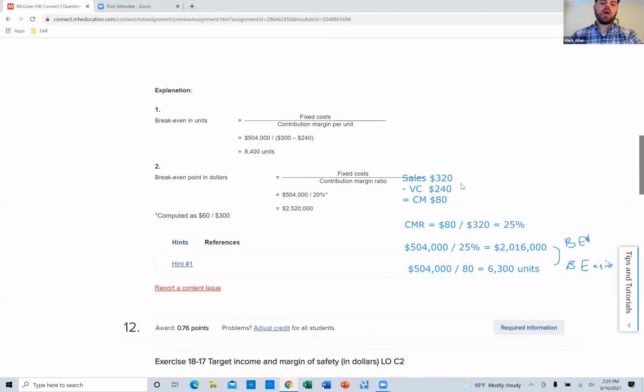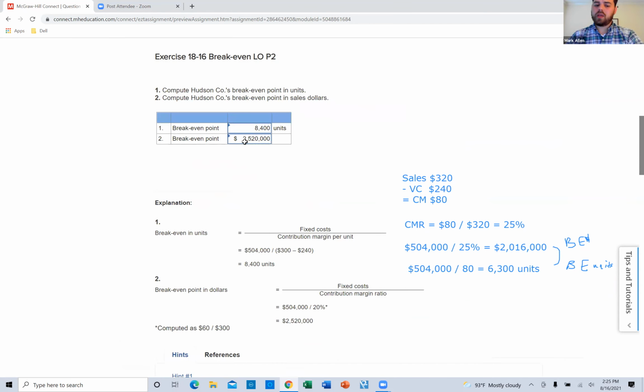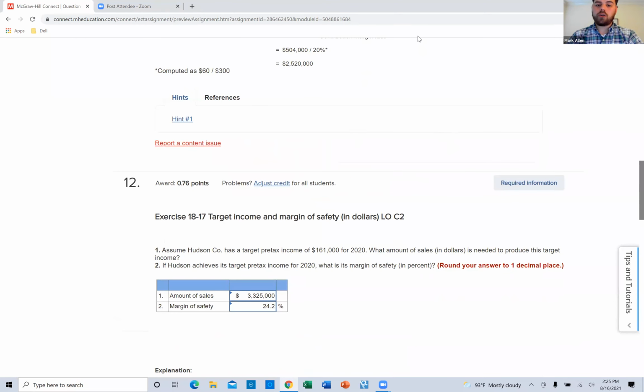If my product will actually continue selling at this rate of 320, this is a much better outlook for my company. Now, compare here the 3,325,000 to the 2,520,000. Does it make sense that we are requiring more sales? I think it does, because here we're not trying to break even. Here, we're trying to achieve a profit of $161,000. So of course I'm going to need to sell more than if I just wanted a profit of nothing.